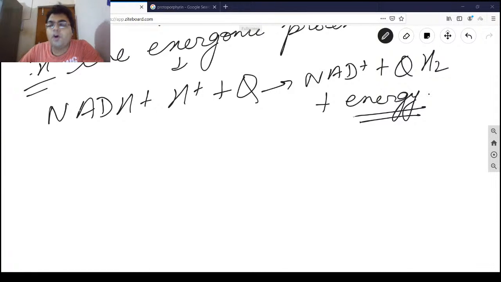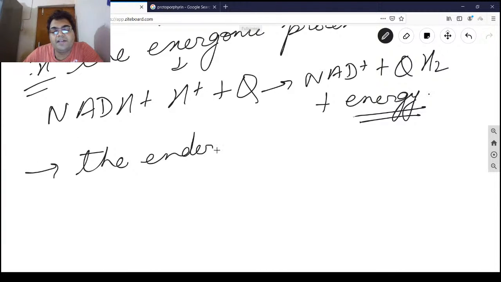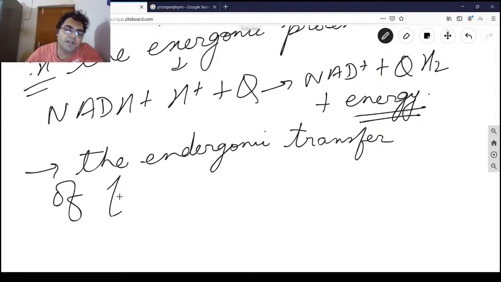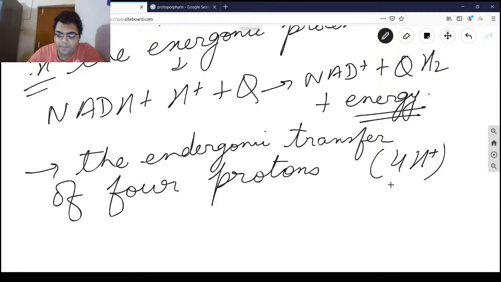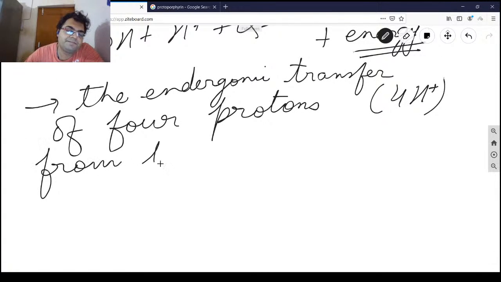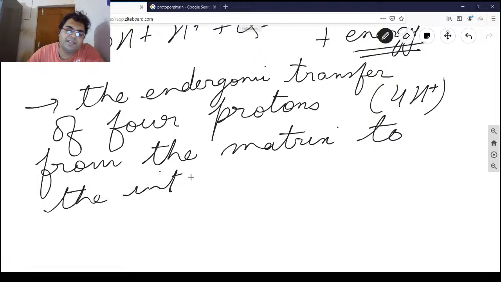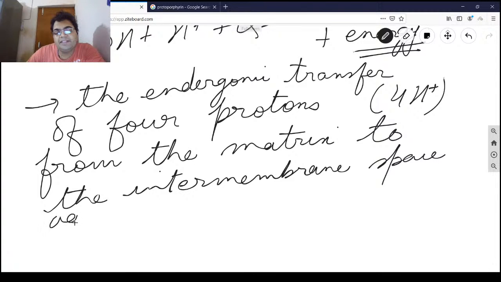Now the endergonic transfer of four protons, meaning 4H plus, from the matrix to the intermembrane space against the transmembrane proton gradient.